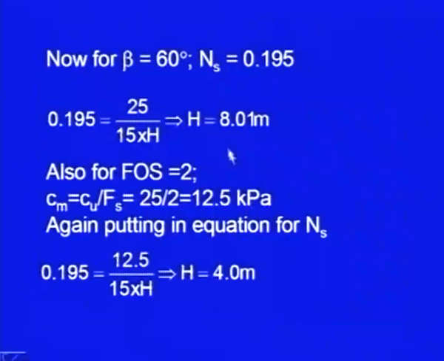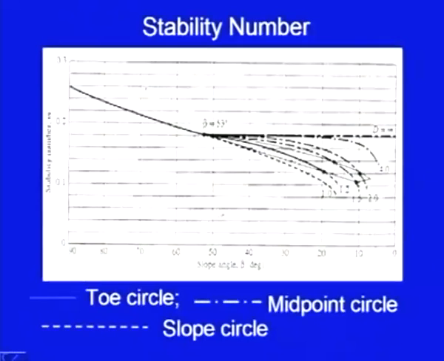Now, from this chart you can see the value of the stability number corresponding to the given beta value. Beta is given as 60 degree. So, for 60 degree you can see from here this is 50, 60, and as I go up this is the point of intersection, and from here this is a little less than 0.2.